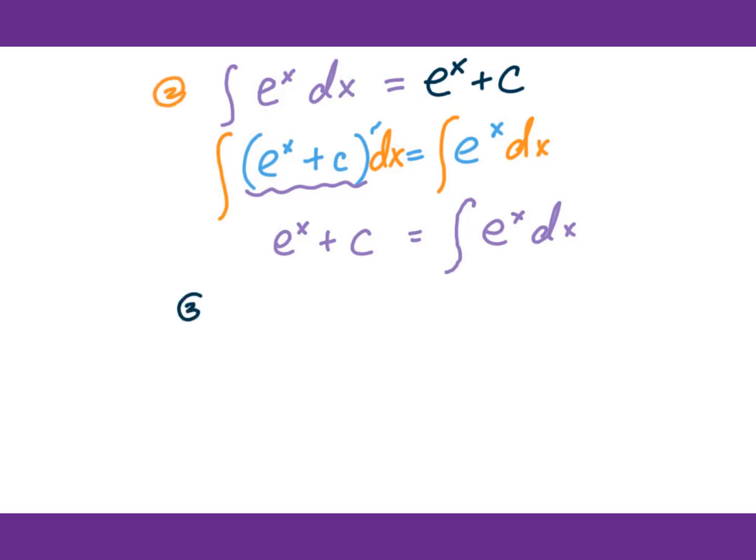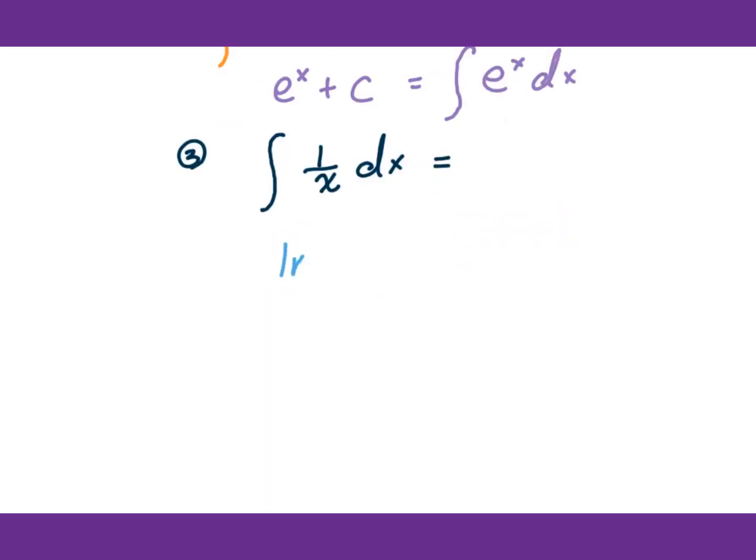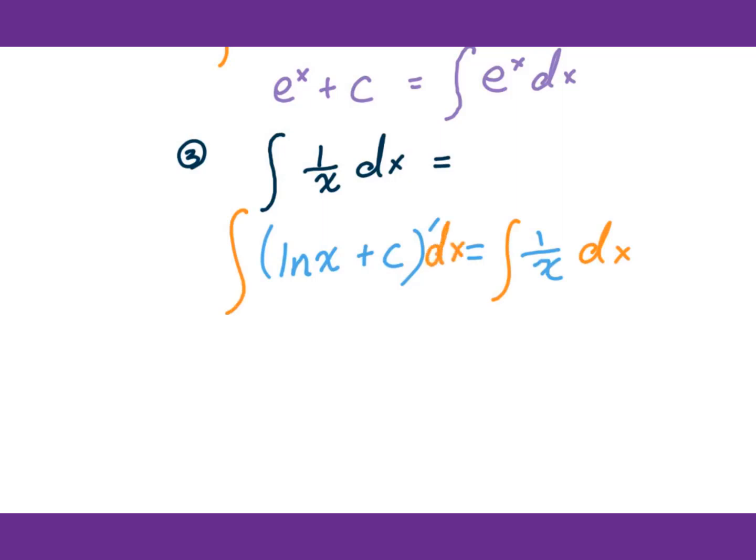For the third formula, we want to get the integral of 1 over x dx. We do know that natural log of x plus c, when we do the derivative, you will get 1 over x. Now, we do integral on both sides. You will get natural log of x plus c equals the integral of 1 over x dx.